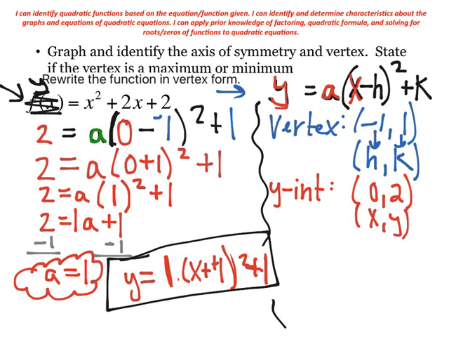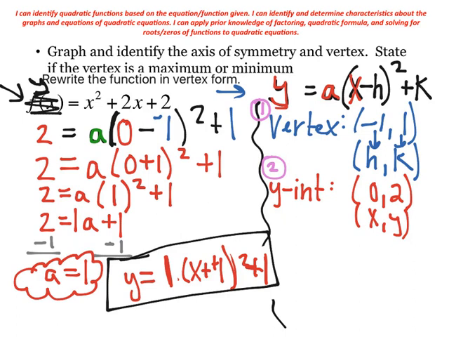So to recap all of that one more time before we try a second example, to rewrite a function from standard form into vertex form, the first step you need to do is, and let me change my colors here so that's very obvious, step 1, find the vertex. Step 2, find the y-intercept.